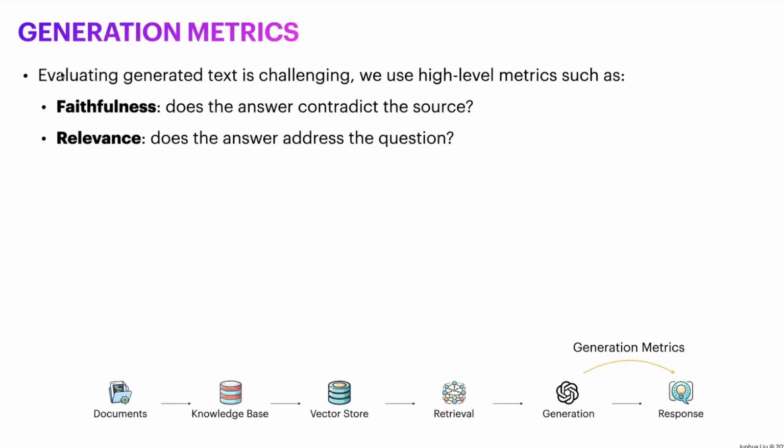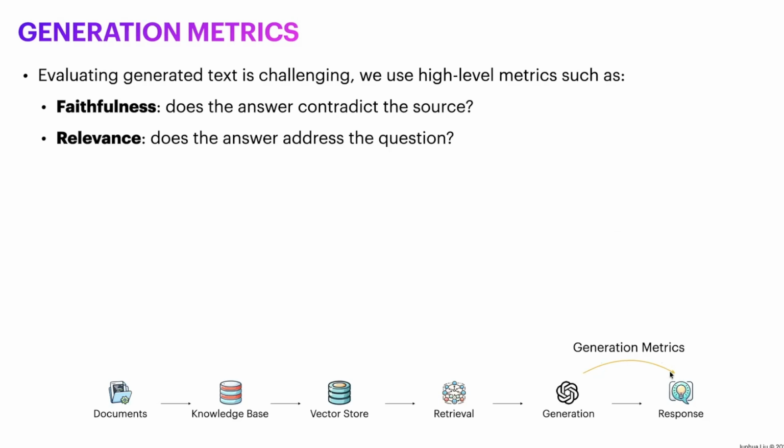Okay, and finally, we look at generation metrics. Here is an overview. Later, we will go into more detail on some practical systems of generation metrics. Evaluating generated text is very challenging, as we discussed earlier, right?